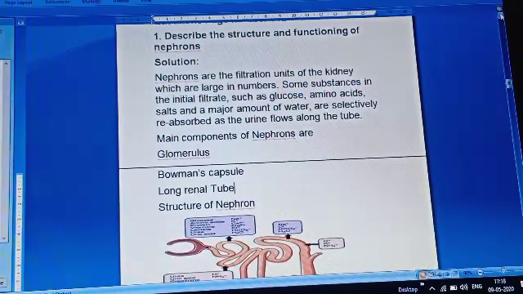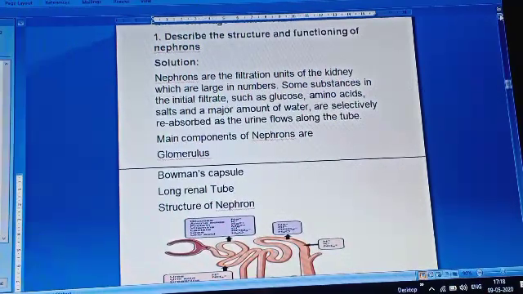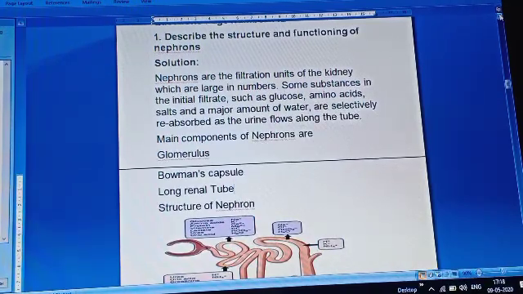As you know, the nephrons are the filtration unit of the kidney, which contains a large number of blood vessels. Each blood vessel is known as a glomerulus.